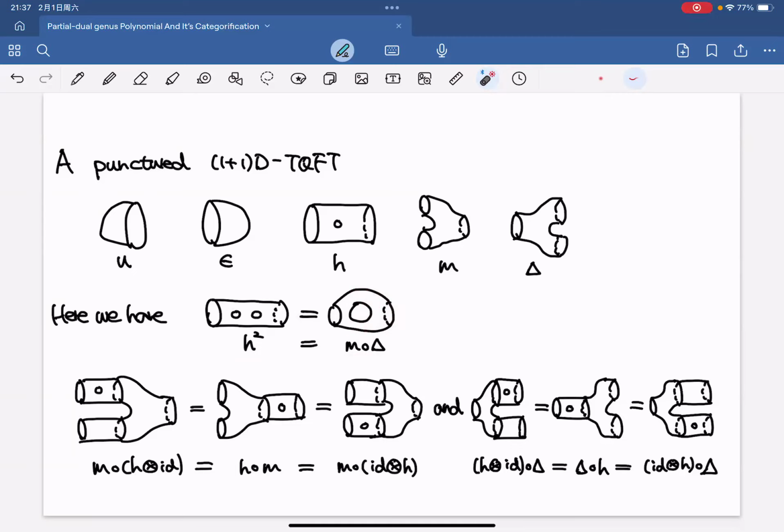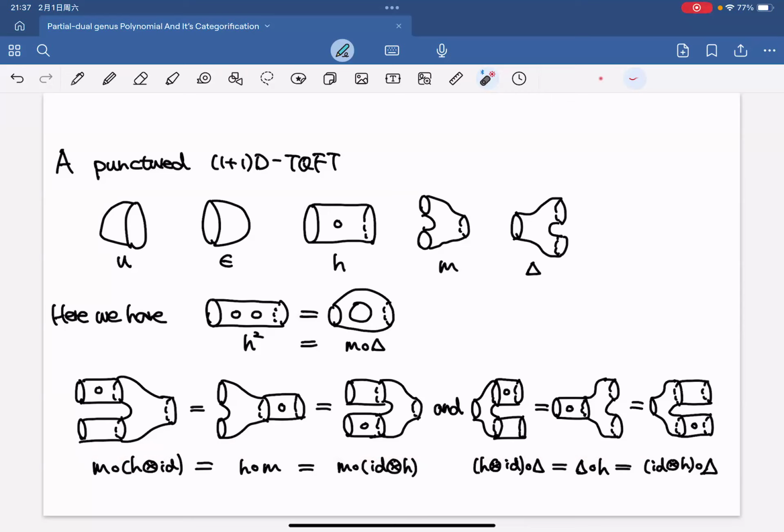And you can see that this puncture can be moved on the surface smoothly. So this result guarantees that, from the topological viewpoint, we have some equation like this.